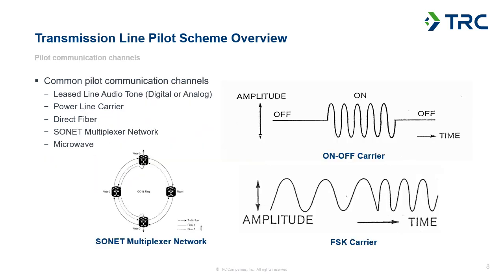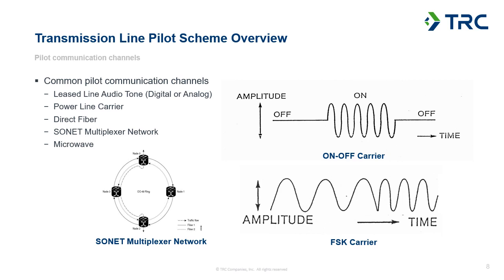But any of these schemes are going to require some type of a communications channel between the two line terminals. And oftentimes when we're talking about transmission lines, these terminals may be tens or even 100 plus miles apart. So we need some communication infrastructure to span that distance and be able to provide high speed, high reliability type communication from one terminal to another.